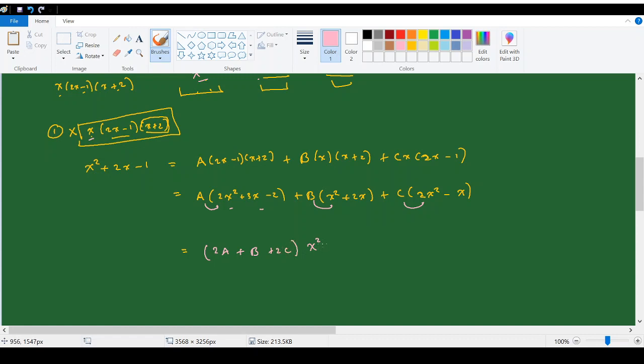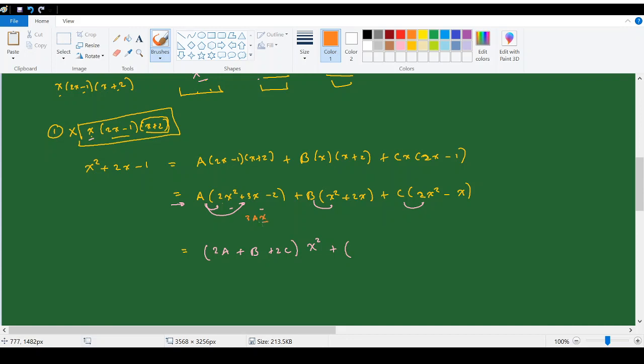This will be the total x squared terms in this equation, and we should do the same thing for x as well as for the constants. Now when it comes to x, this forms 2a x squared, and this will form 3ax.